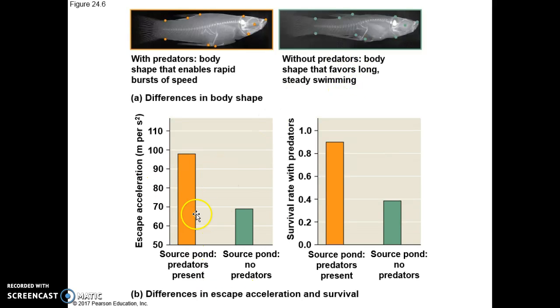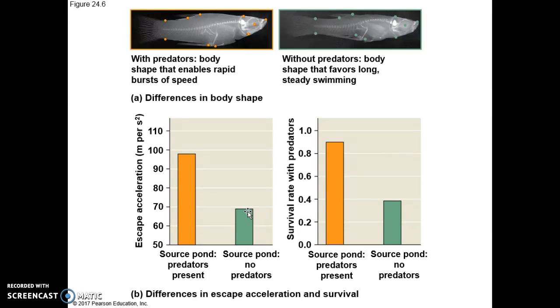So if you look over here, escape acceleration, when the predators are present, we see like a 98 meter per second escape rate, acceleration rate. The pond that has no predators, the acceleration rate is significantly lower.